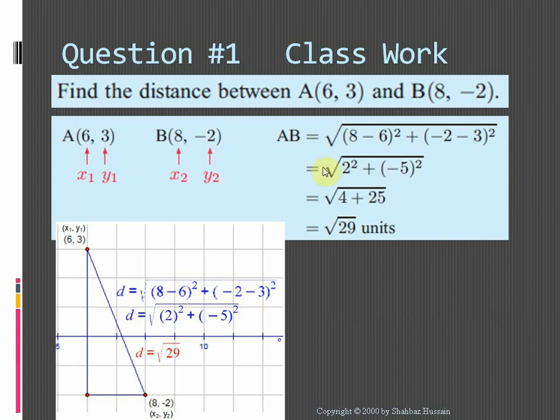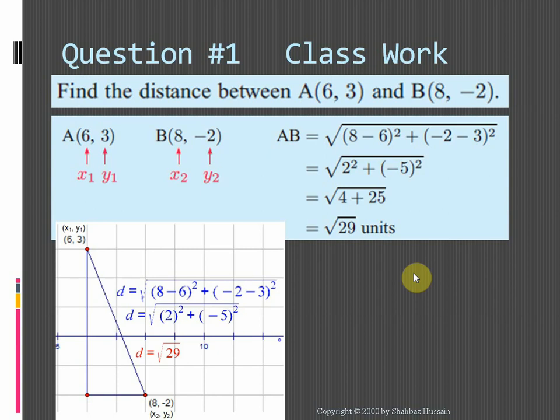Whatever the question is, you just apply the formula and label the coordinates first. This makes it very easy to put the values, and the chances of error are minimized. So this is a basic simple question on how to find the distance between 2 points.